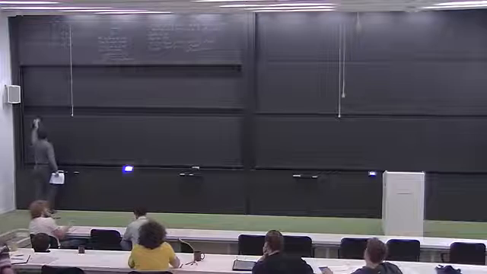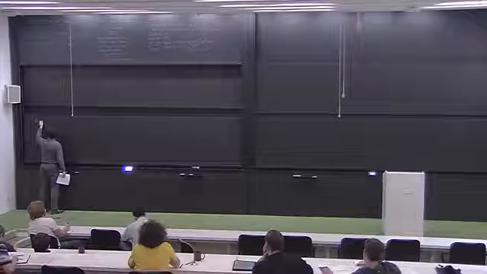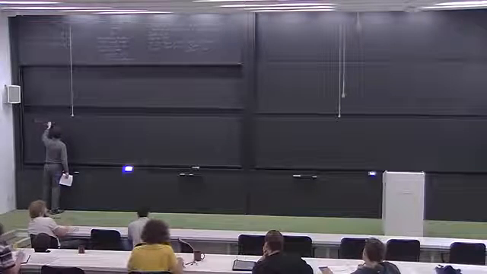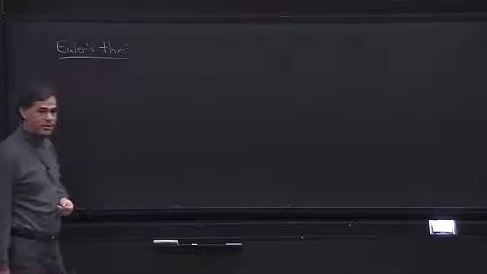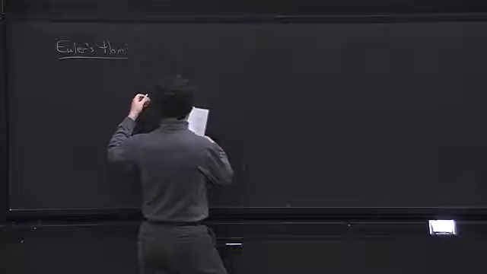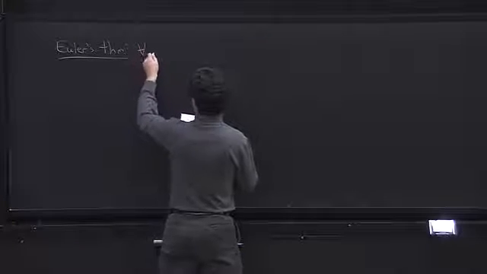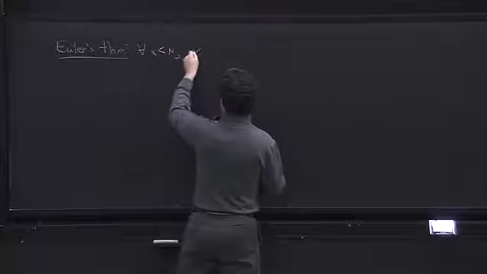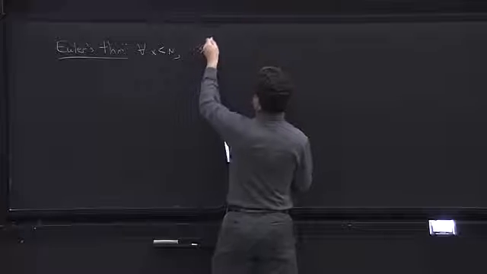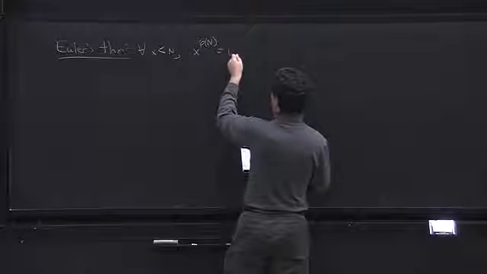So the basic mathematical result here is Euler's theorem, which, as you can tell by the invocation of Euler, dates back quite a ways. So what that says is that for all x less than n, x to the phi of n is equal to 1 mod n.